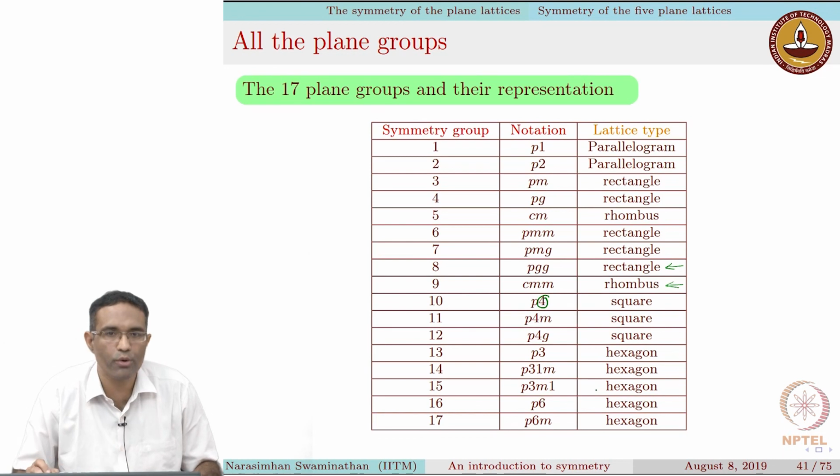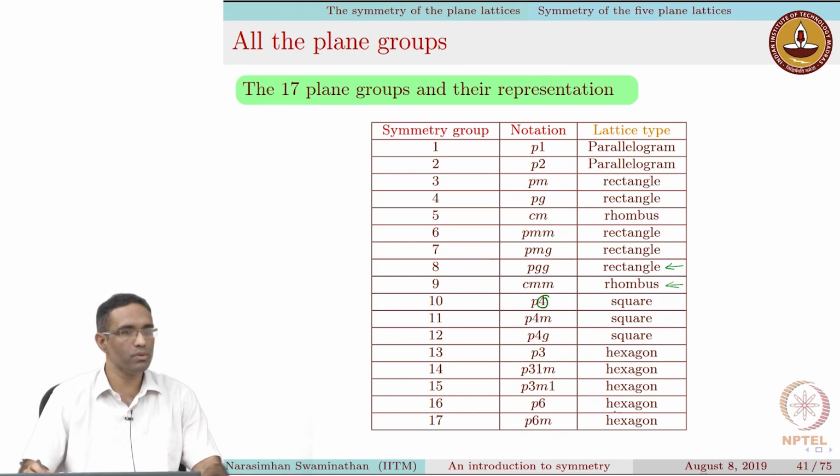The second you see a fourfold rotation being present, it is natural for us to think of a square unit cell. All these are square unit cells. If it has a threefold rotation or a sixfold rotation, a hexagonal unit cell becomes a natural choice.